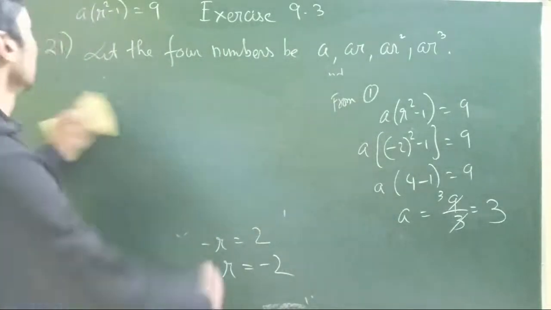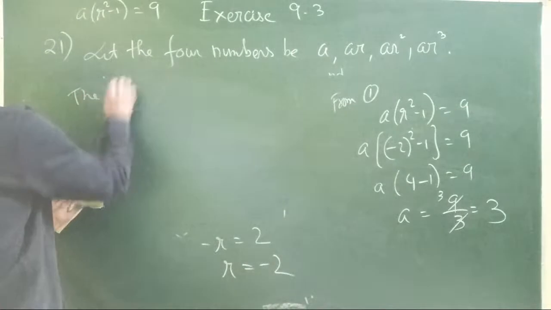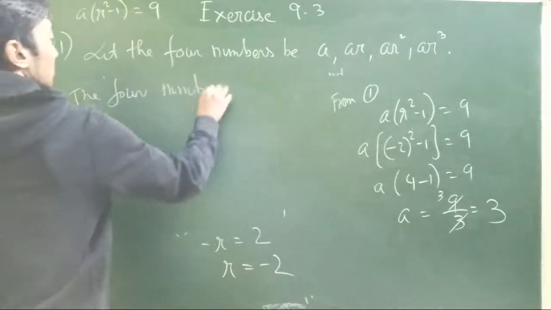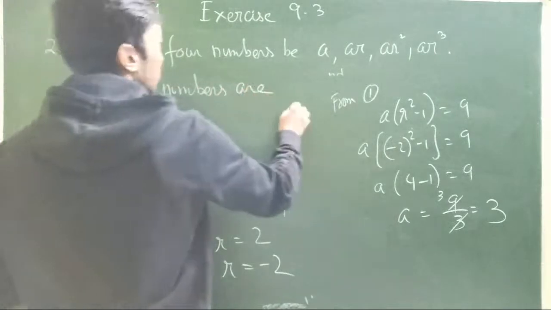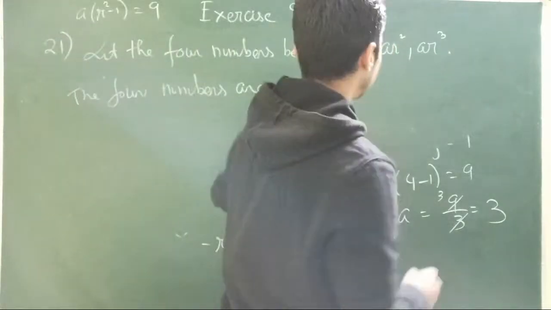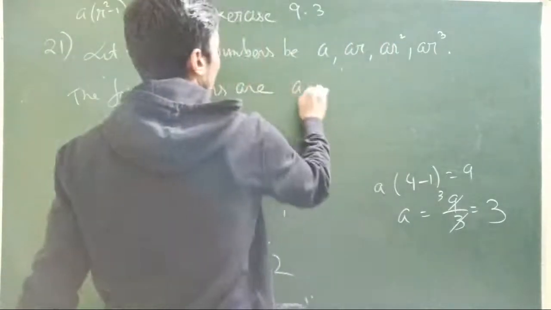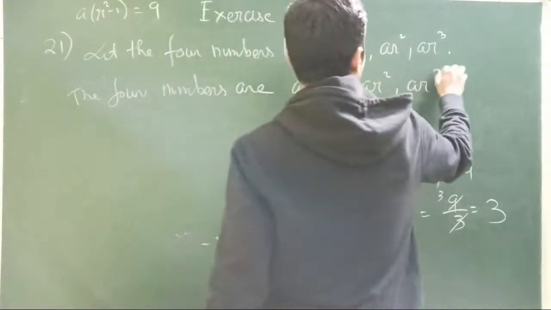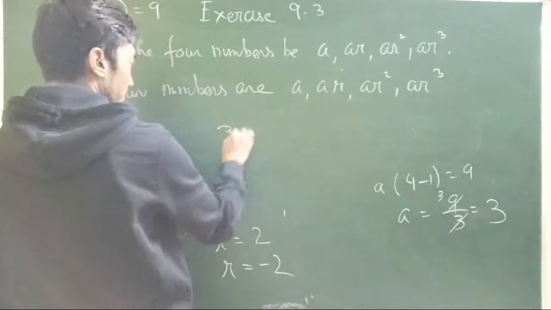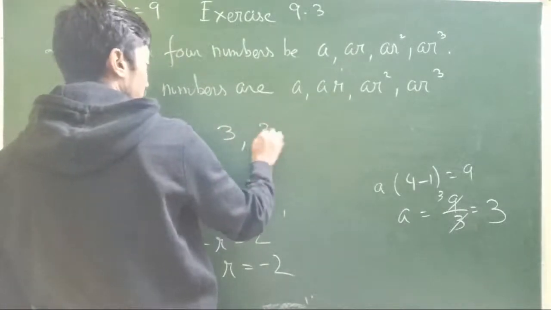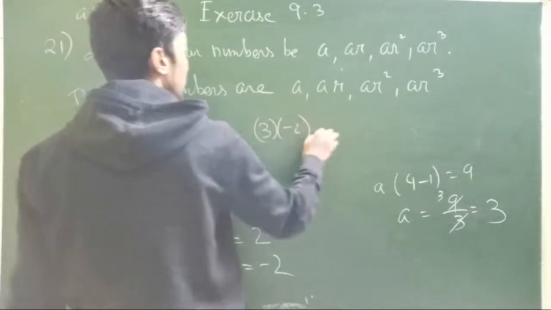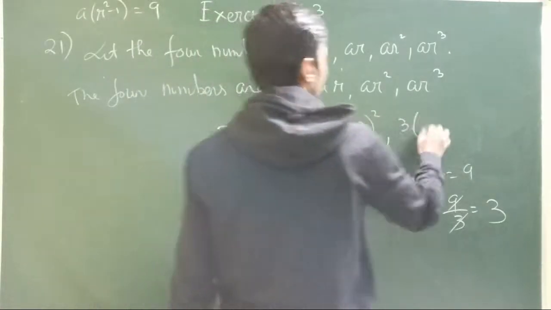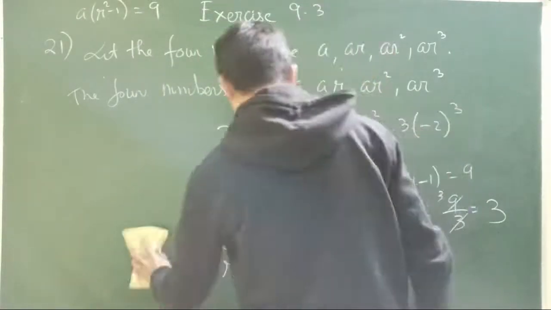So the four numbers are, once again, a, ar, ar square, ar cube. So the a value is 3, ar that is 3 into minus 2, 3 into minus 2 square, 3 into minus 2 cube.